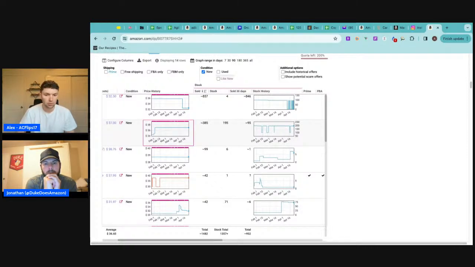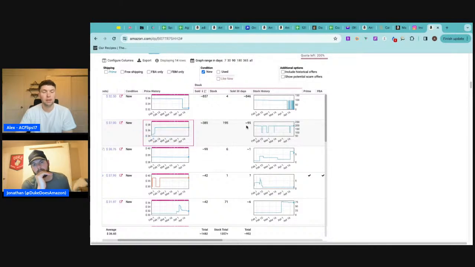So with that, I think we should talk about the sold 30 days, because now we're getting to more relevant information. Again, it's just what's happened recently. It's not going to give us the entire picture. But if we see that somebody sold 385 in total in the complete stock history they've ever had on this listing, and they sold 95 of that in the last 30 days, that's telling us that they've consistently been in stock and they've been selling at least 100 in the last 30 days.